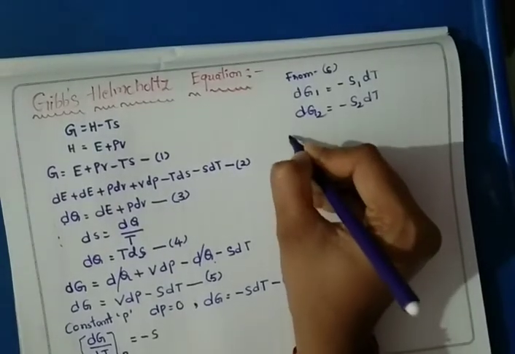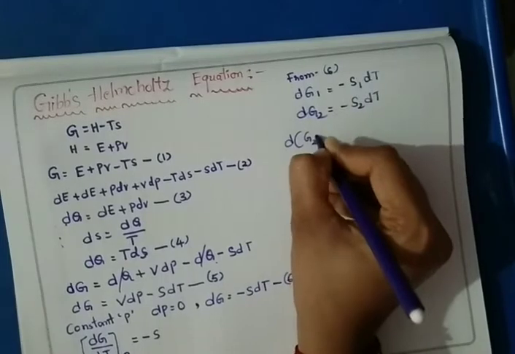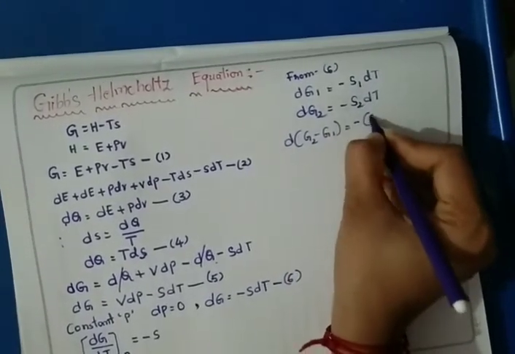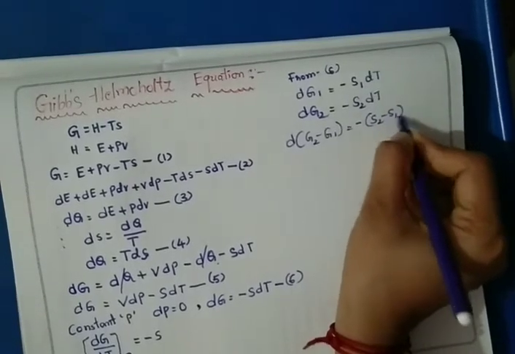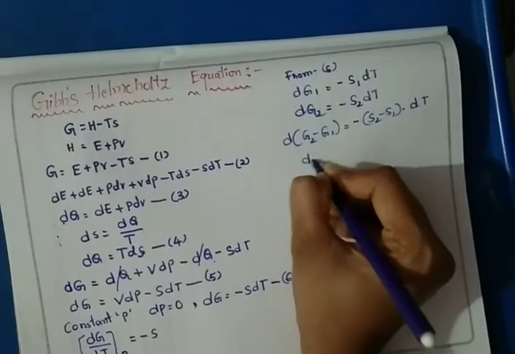So G2 minus G1 is equal to minus (S2 minus S1) dT, with dT common.